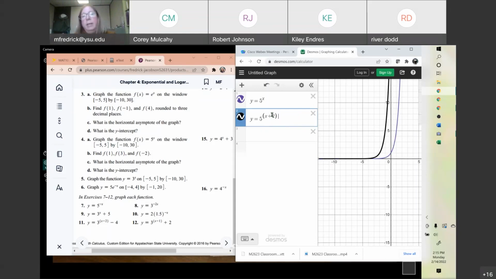So then if we make it a minus, it moved right 2. Is there any questions on the graph? Is everyone able to enter the graph?